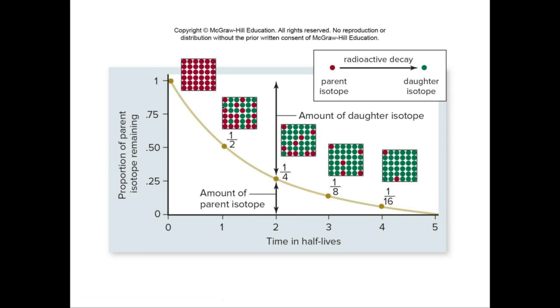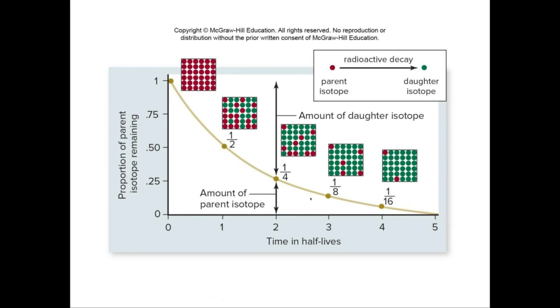Then a half-life, which is X number of years later, half of the population has shed its neutron. Another half-life, so it would be a quarter of the original population, and then another half-life, and then another. We know that there's a natural abundance in the environment for these isotopes, and so we can look at the abundance of these isotopes in fossils to use this type of curve to date a fossil.